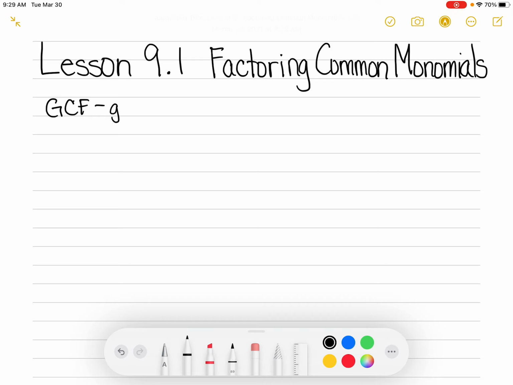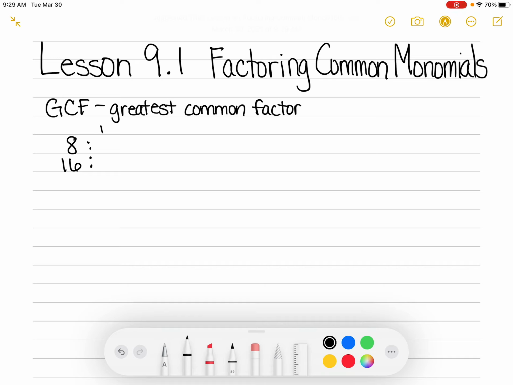And if you remember, that stands for greatest common factor. So let's talk about factors. So if I had the number 8 and the number 16, and I wanted to find their GCF, I would first look at what their factors are.